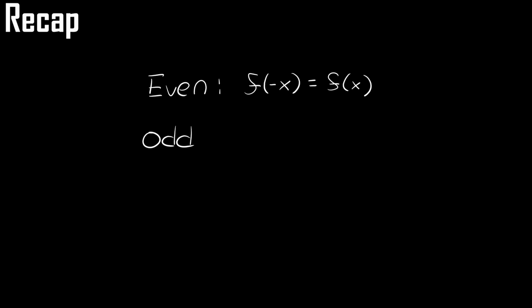So just to recap, a function is even if f of negative x equals f of x. A function is odd if f of negative x equals negative f of x.